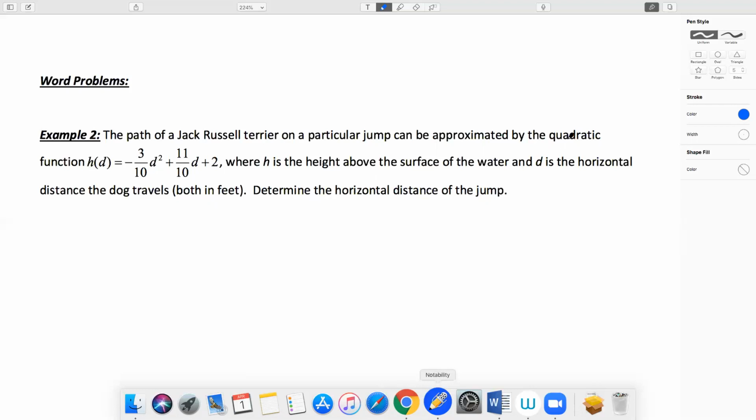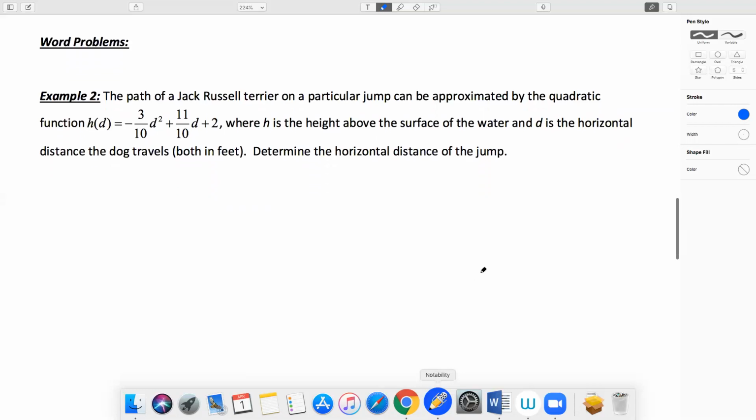So we need to start with our equation, and we need to figure out what distance d matches a height of 0. h of d, I'm just going to call it h. h equals -3/10 d squared plus 11/10 d plus 2.